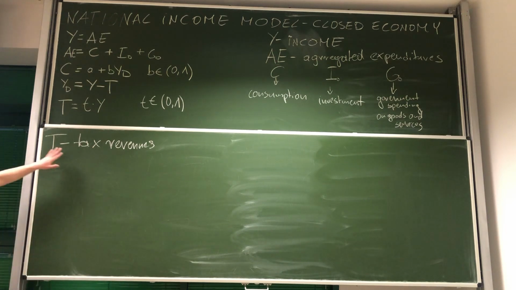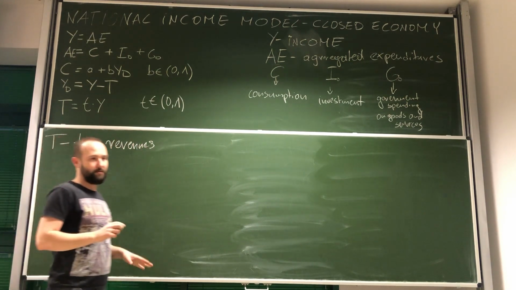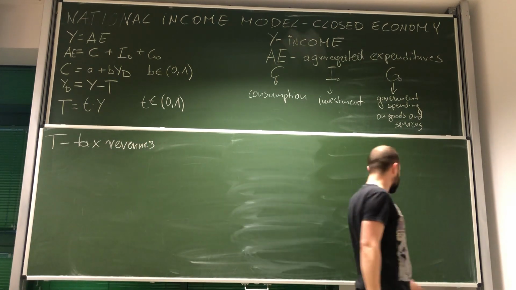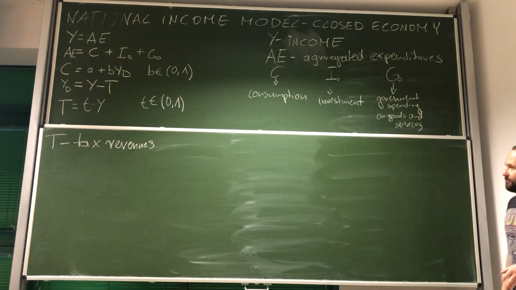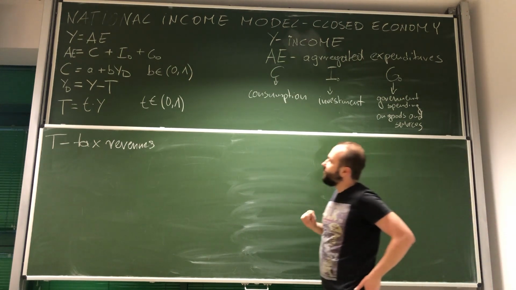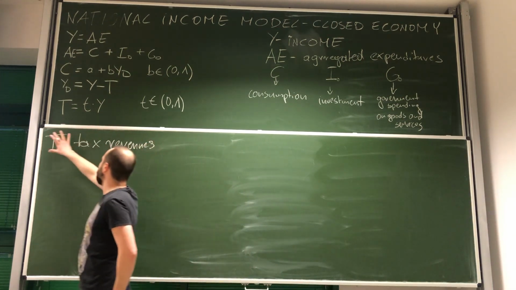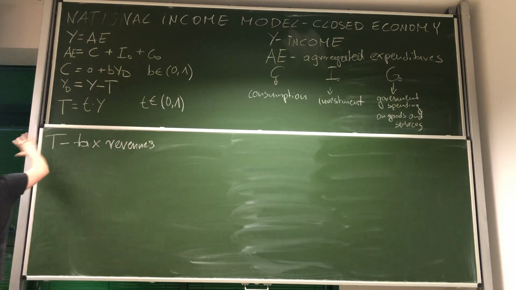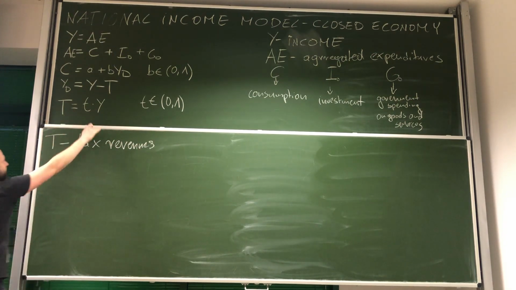So this is how much money government collects from households in the economy. Right? So now, how does this collection of tax revenue go? Look, here we see how it goes.